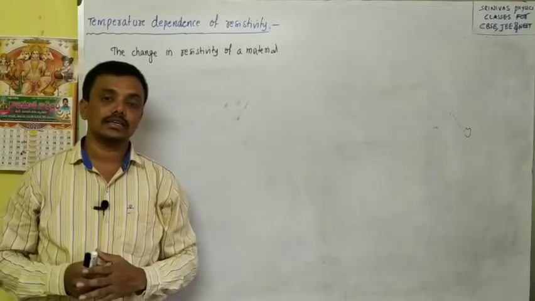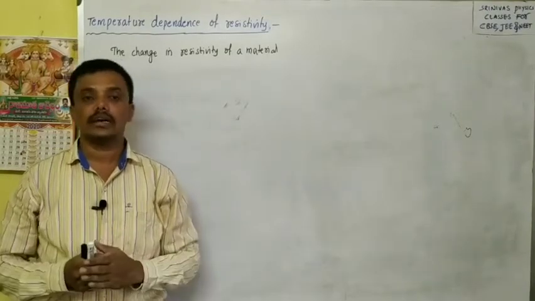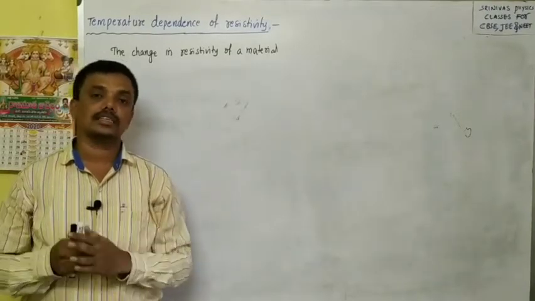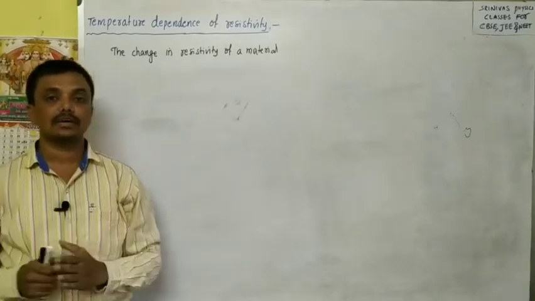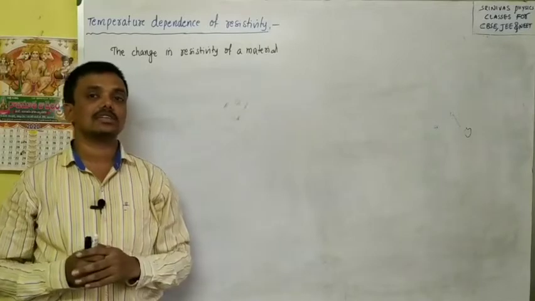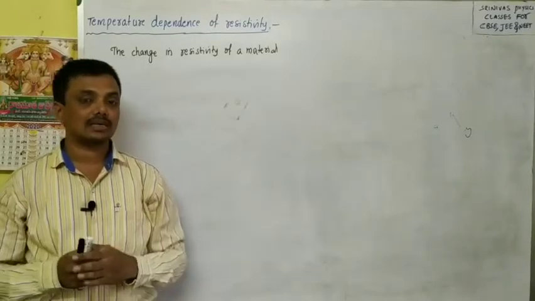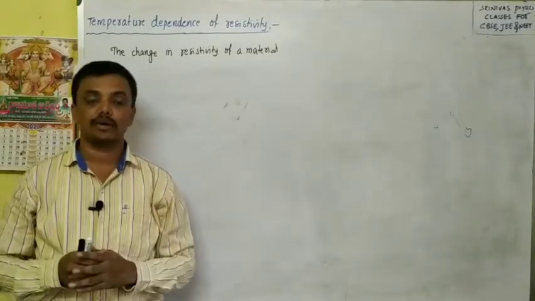We know already that resistivity depends upon temperature. Resistivity depends upon the nature of the material and upon temperature. These are the factors on which the resistivity depends. What is resistivity? Resistance per unit length and per unit area.